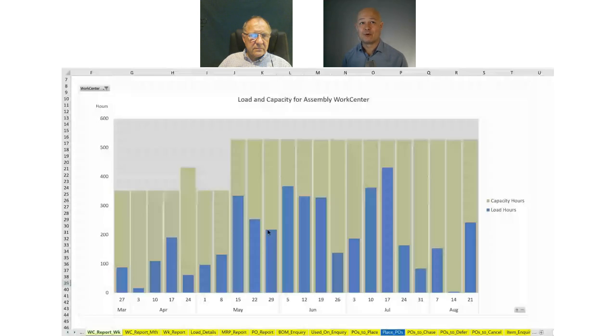In this particular example, we can see that demand is really ramping up through the middle of May onwards. So it really is time to extend the shift or to add another shift and to bump that standard time up. We can see that for the week of the 24th of April, somebody's already done that a little bit prematurely.